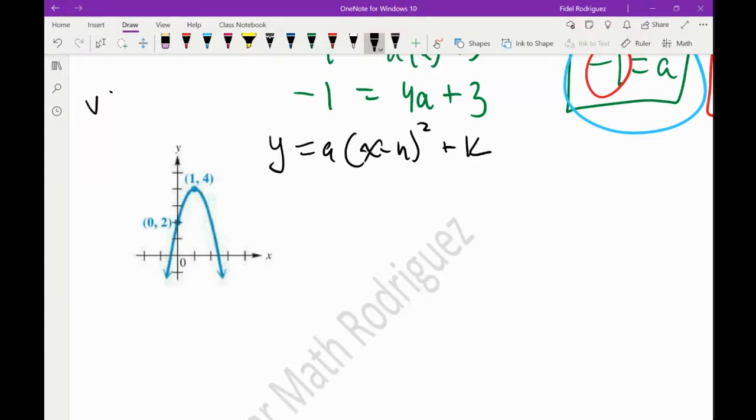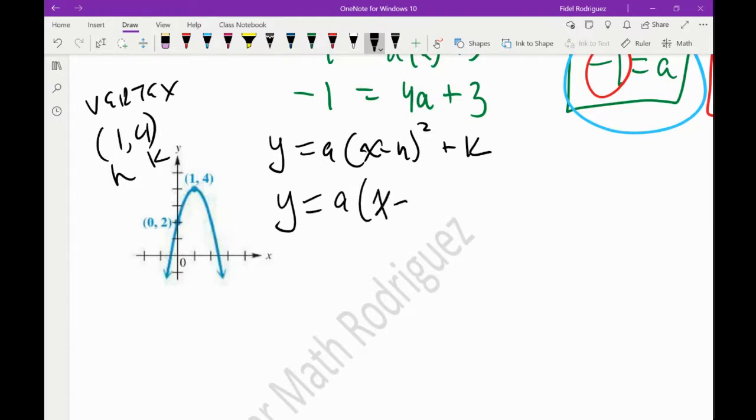All right, first thing, vertex. Vertex is 1, 4. Remember, that's my h, and that's my k. So I'm going to write this out. Y equals a times (x minus h, which is 1) squared, plus k, which is 4.